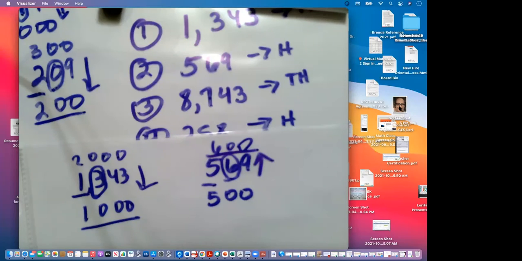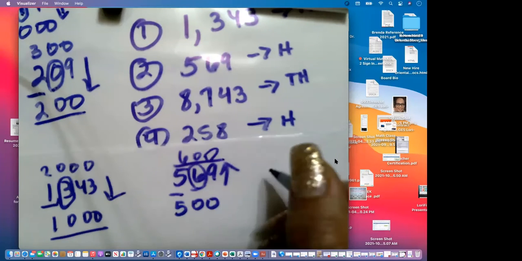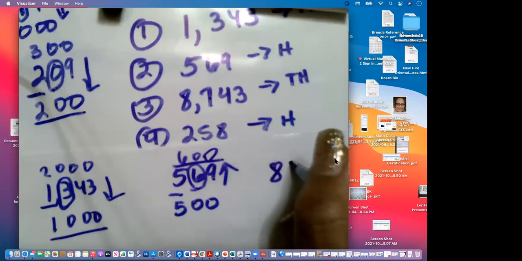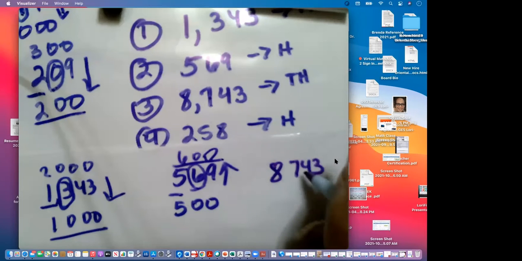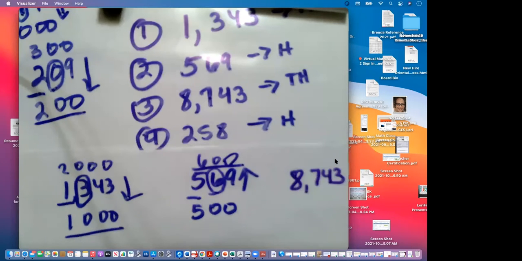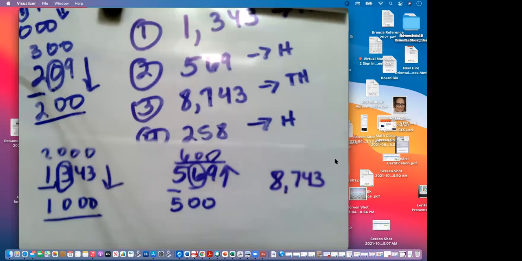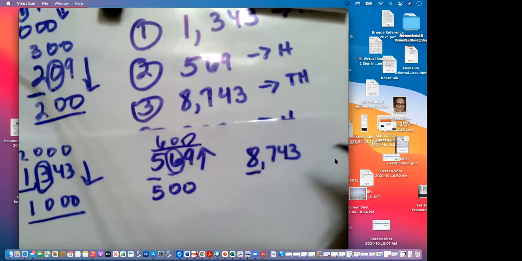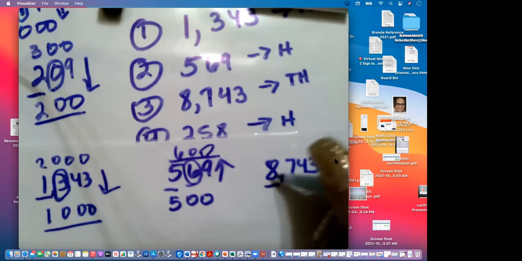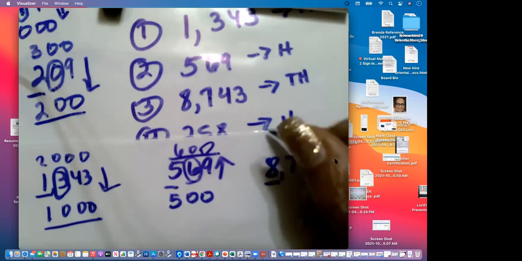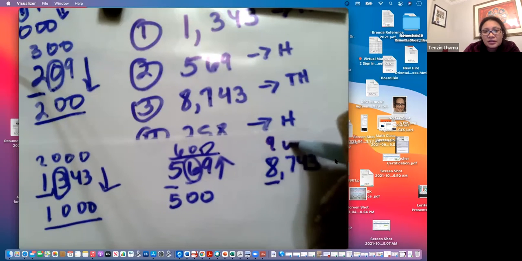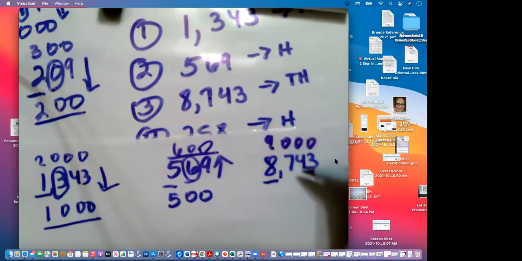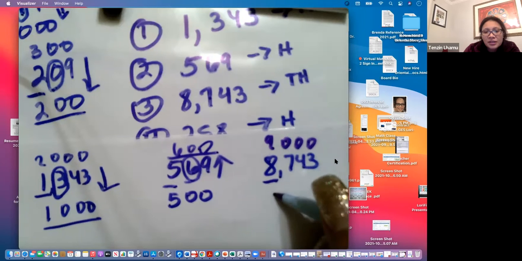Let's go to Tenzing, the next one. 8,743. We're rounding to the nearest 1,000. What number's in our thousands place? 8. So what is 1,000 more than 8,000? 9,000. And what's 1,000 less than 9,000? 8,000.